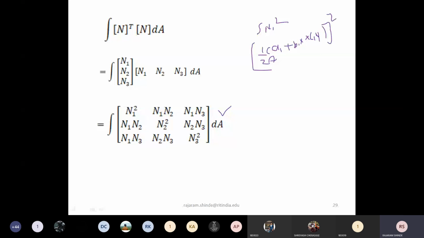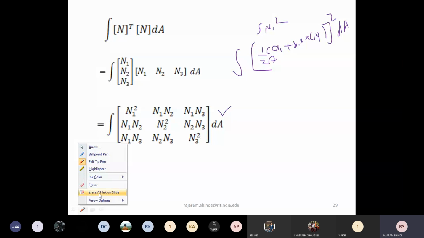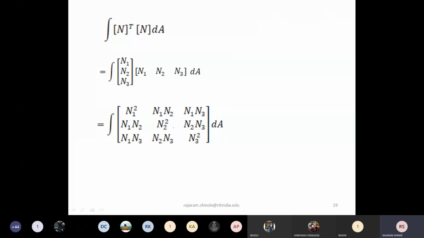The integration of this is the first term, over dA. Integration over dA means integration over dx dy. It is a very complicated calculation, and this becomes very simple when we use the natural coordinate system. Now I have to replace these shape functions by natural coordinates.